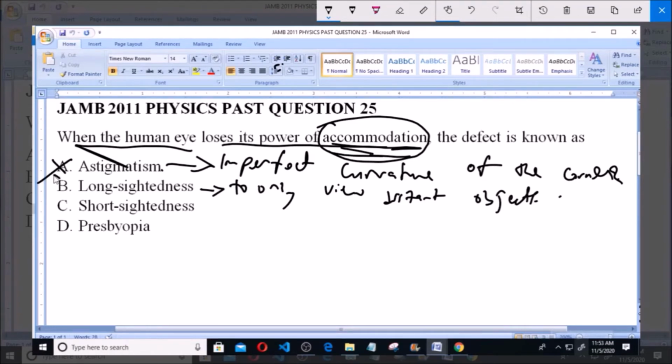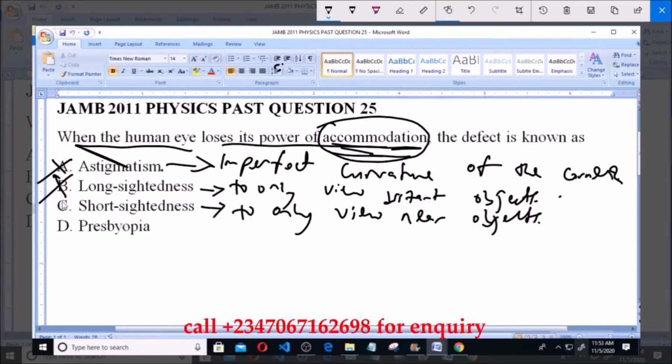Now, this again does not describe what we have in the question, so it is not the answer to the question. Now, C says short-sightedness, which is the opposite of long-sightedness and refers to the ability to only view near objects, and it is the opposite, like we said, because the eyeball is too long or too large and images are formed in front of the retina, so the individual has to bring the object close to his eye in order to be able to view the object well. So this is also not what is described in the question, so it is not the answer to this question.